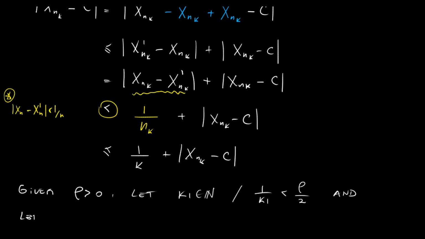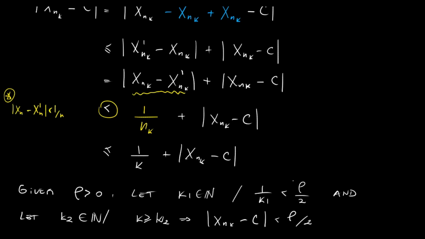And now we let k2 be another natural number such that if k is greater than k2, then x of n sub k minus c is smaller than rho divided by 2.